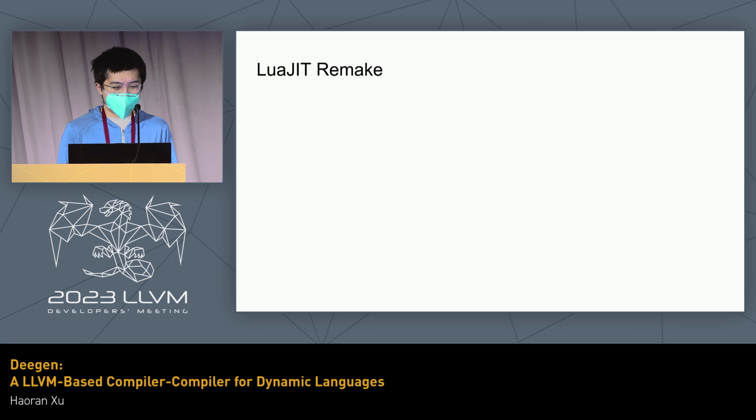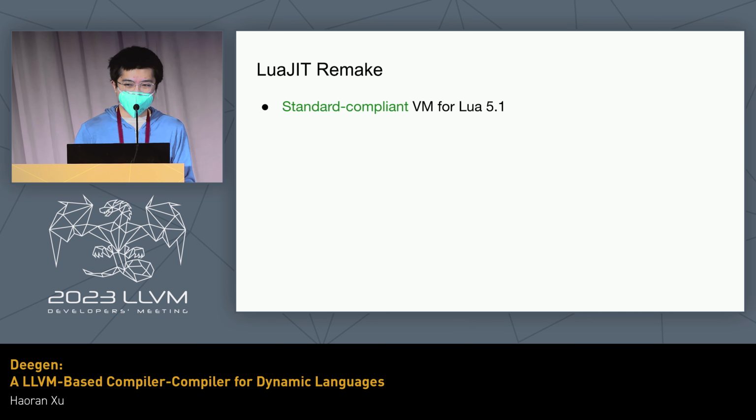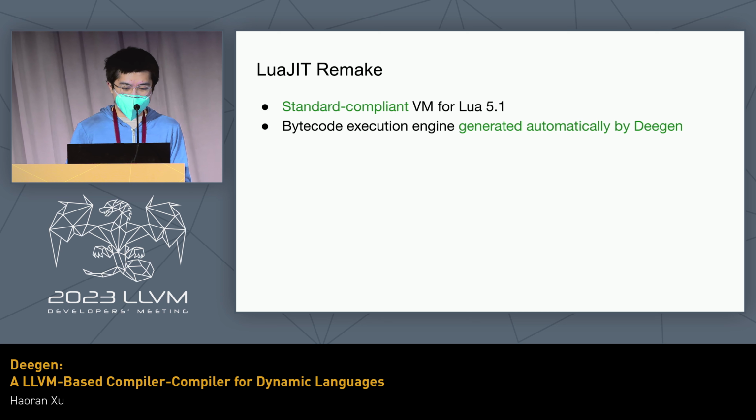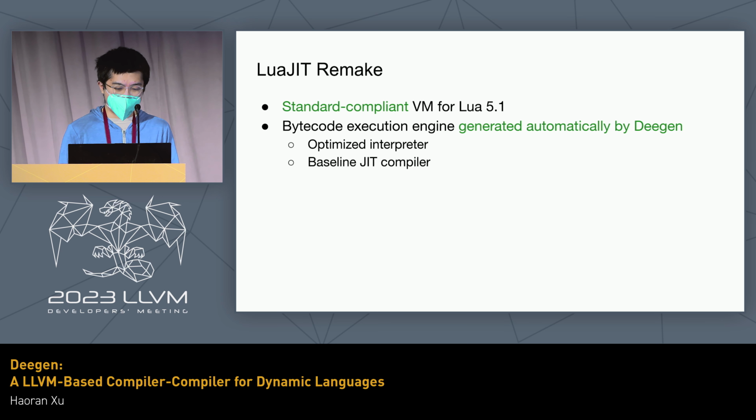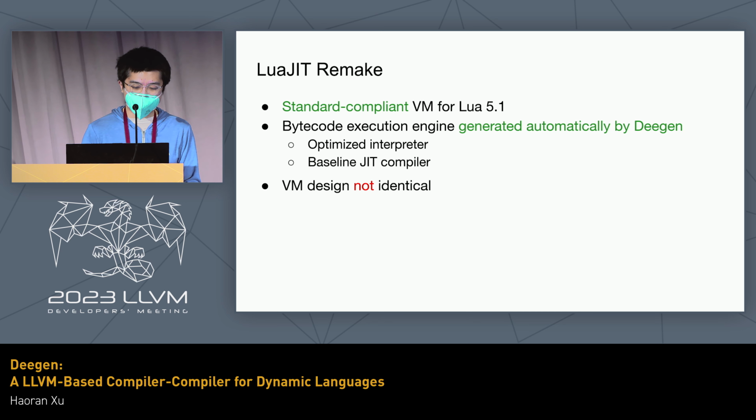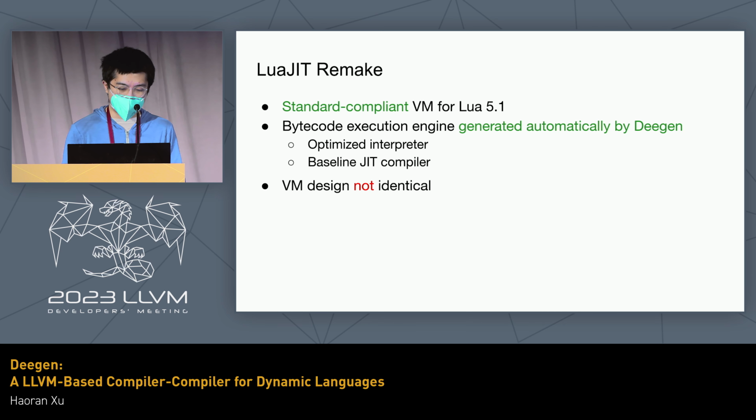Let's take a look at some numbers. In order to test this idea in the real world, we have implemented a standard-compliant VM for Lua 5.1. The execution engine is automatically generated by Xu-Deegen, which includes an optimized interpreter, a JIT compiler, and the tiering up logic right now.